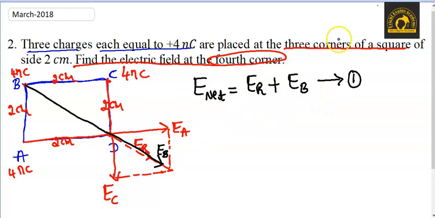Now first you have to find out the resultant electric field.